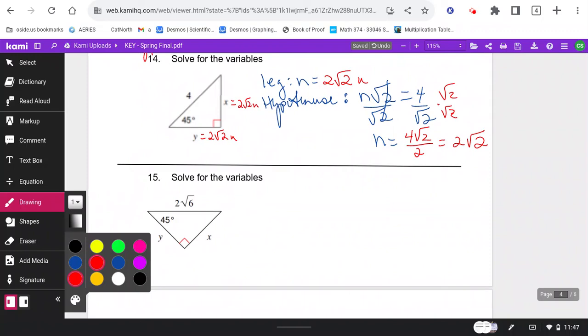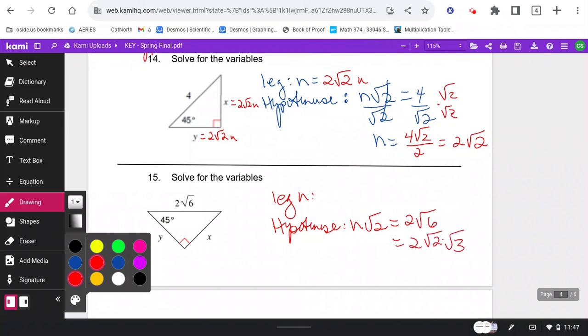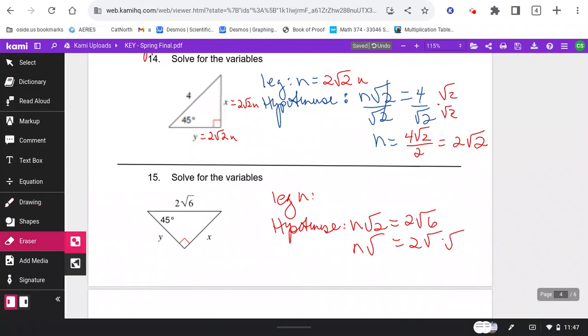All right, this one also we gave you the hypotenuse. So n root 2 is 2 root 6. We're going to break this apart into 2 root 3, because root 6 is root 2 times root 3. Oops, let me write this in reverse.